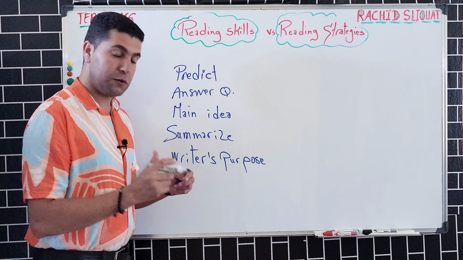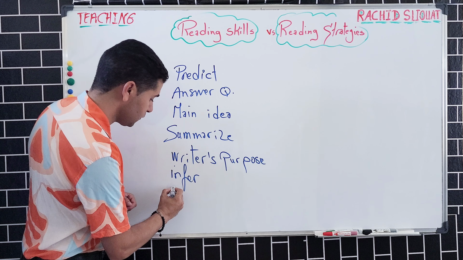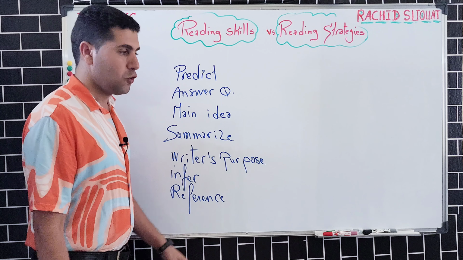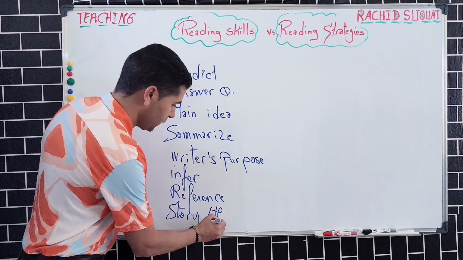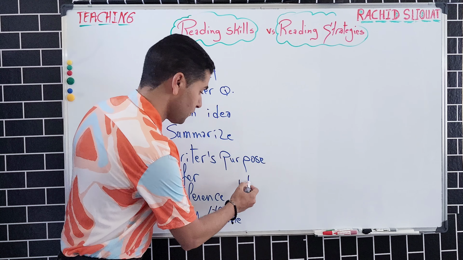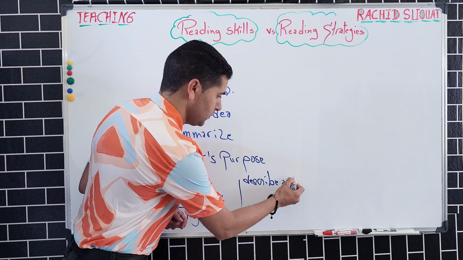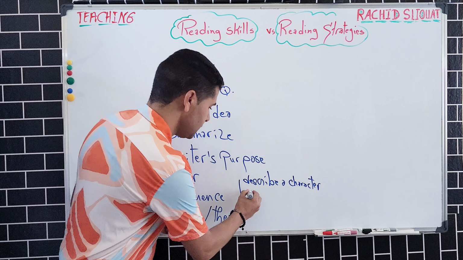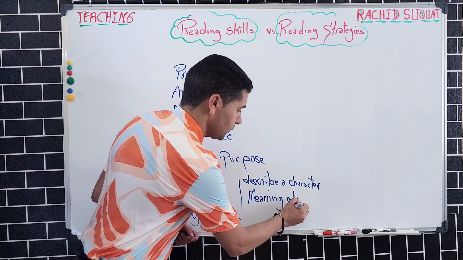They can also try to infer the meaning, do the referencing exercise, or try to know the theme of the story. Not only these, students can also describe a character, for example, or try to know the meaning of words.